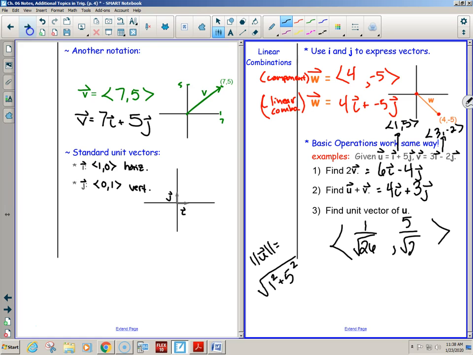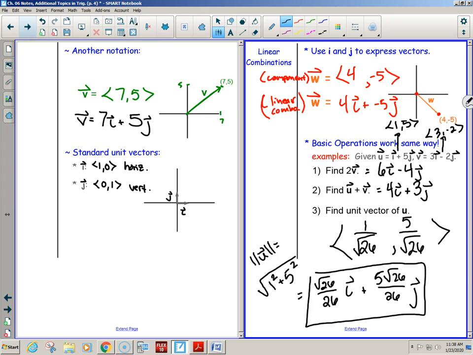But maybe, depending on the directions, they want you to rationalize that with i's and j's instead. But never fear, it doesn't really change any of the math or any of the steps. It's just a different way of writing those side carets.